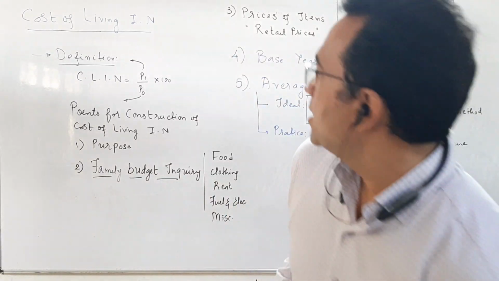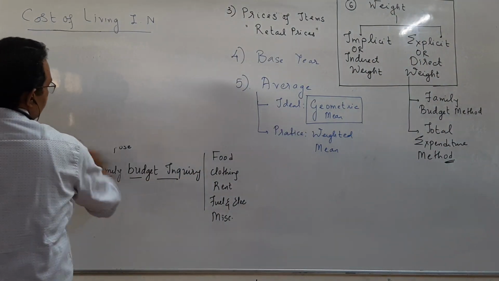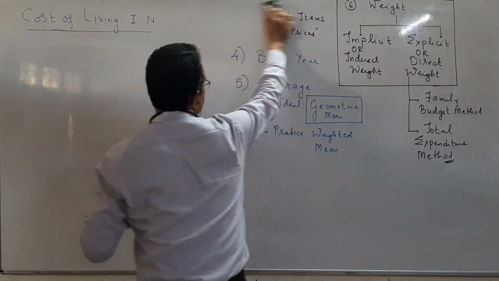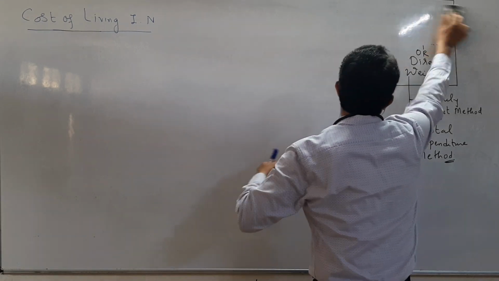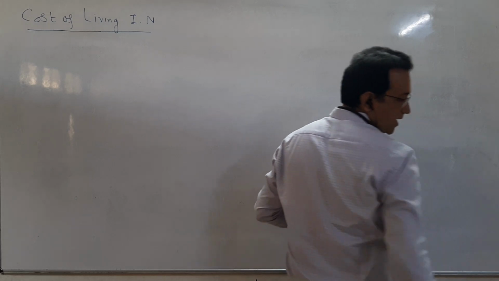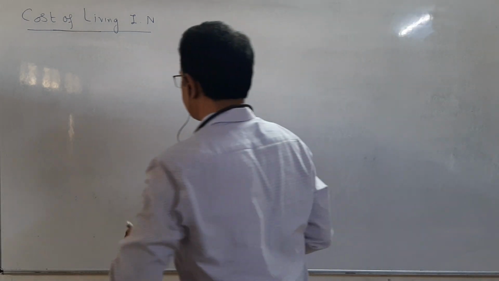Now students, today I am going to discuss only one method, and that is family budget method. So explicit weight or direct weight is again expressed by 2 methods, and those 2 methods are family budget method and total expenditure method.